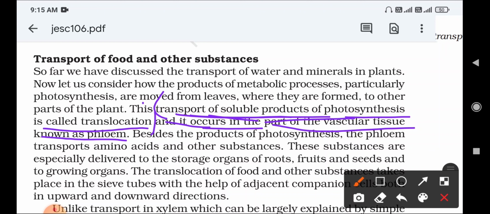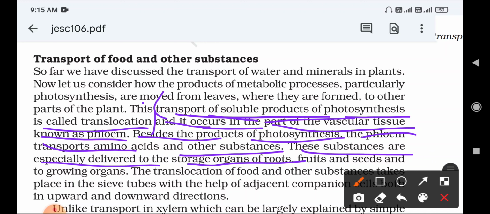In the vascular tissue, the phloem does the transport of food. Besides the products of photosynthesis, the phloem transports amino acids and other substances. Not only does it transport food particles, but also amino acids as well as salts and other substances through the phloem in higher organized plants. These substances are especially delivered to the storage organs: roots, fruits and seeds, and growing organs.